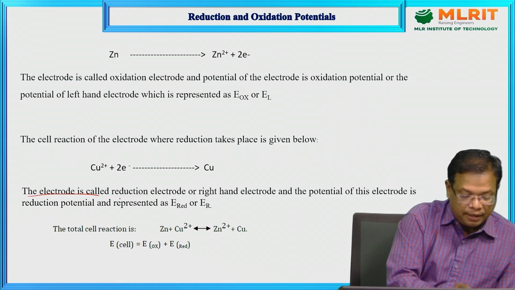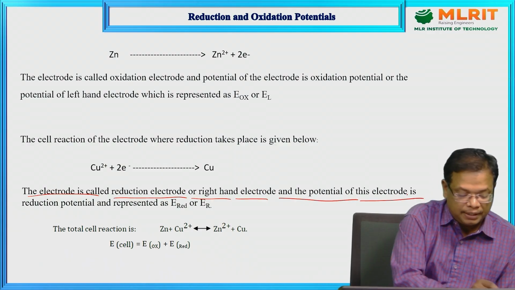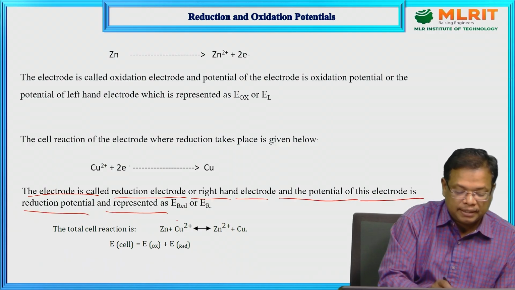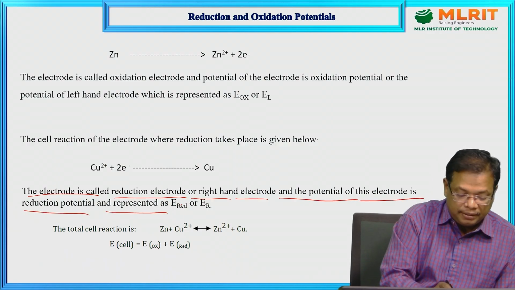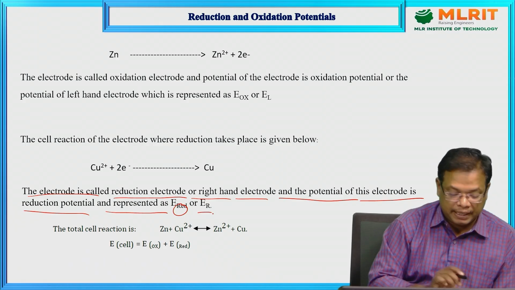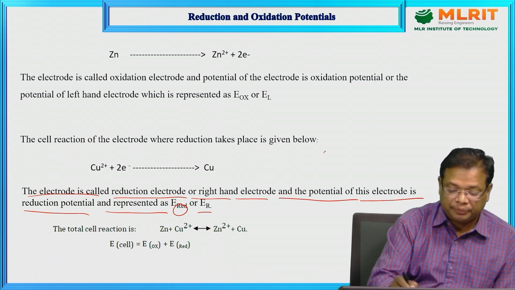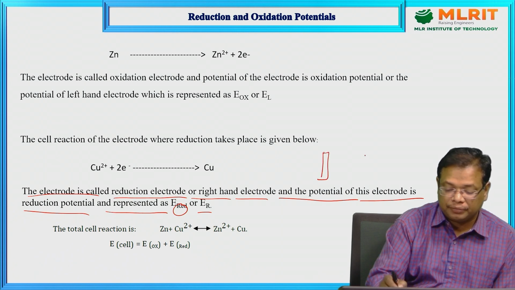This electrode is called the reduction electrode or right hand electrode, and its potential is the reduction potential, represented as E reduction, or E right. Left side is oxidation, right side is reduction.